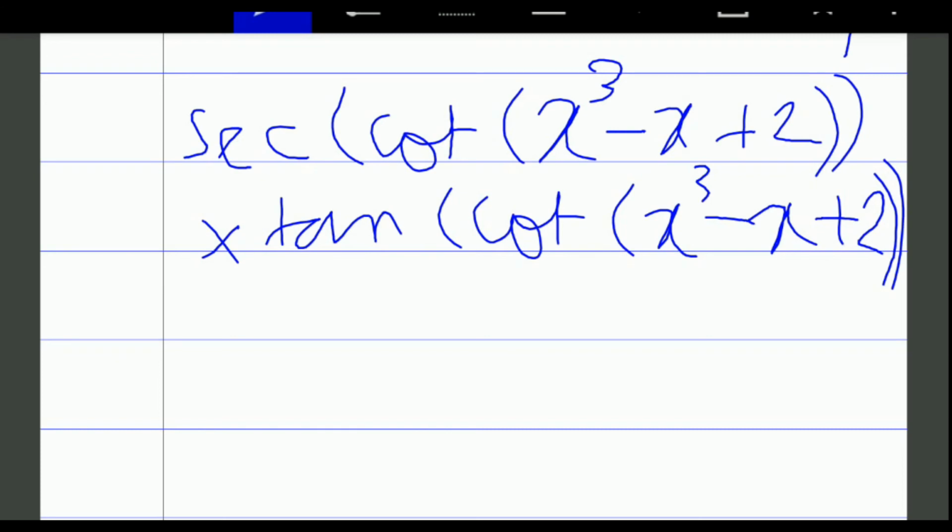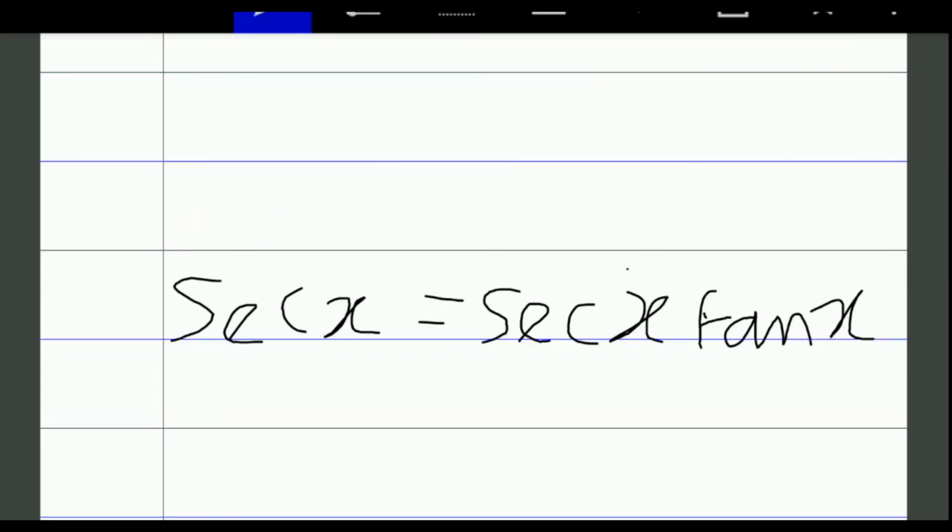Then we have to differentiate cot x, then we have to differentiate x cube minus x plus 2. So now we will differentiate cot separately, then multiply with this answer. As you know, the derivative of cot x is minus cosec square x.